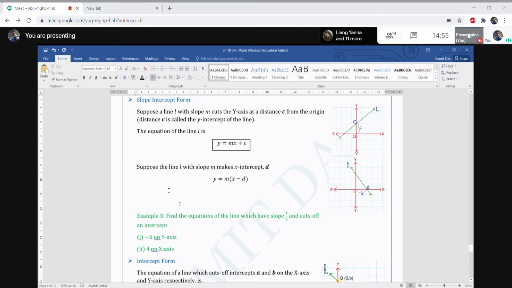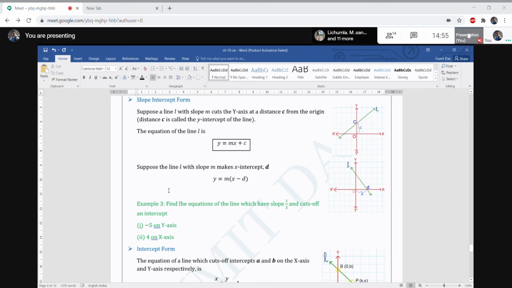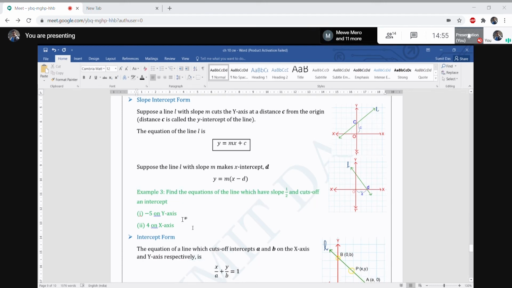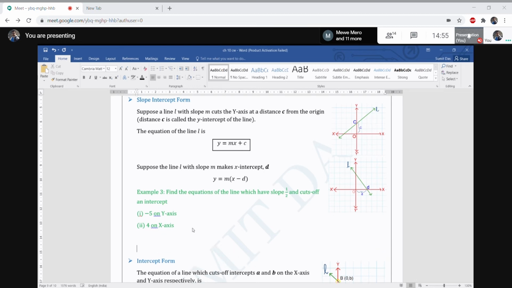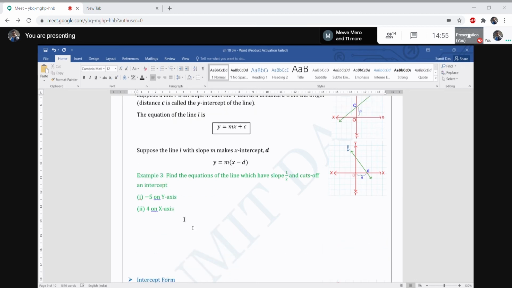Okay, so let's do one problem regarding this, very easy. The first one says: find the equation of the line which has slope 1 by 2 and cuts off an intercept of -5 on the y-axis. So how do we find the equation?